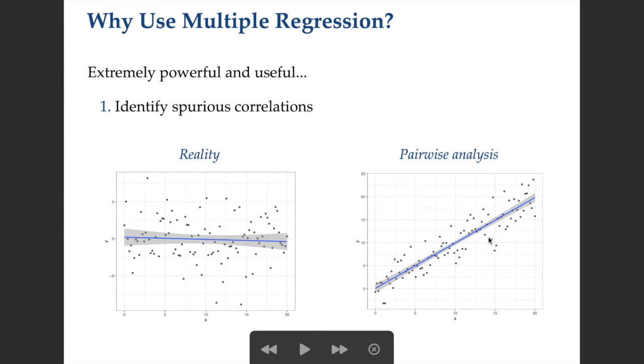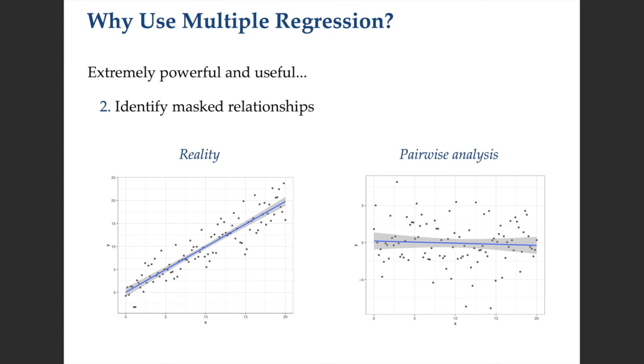If we just did a pairwise analysis or a single regression, we'd erroneously think that there was a relationship between some predictor variable and our predicted variable, when in reality there isn't one. Multiple regression allows us to test for these sorts of issues, to identify spurious correlations so that we don't come to incorrect conclusions about the effect of a predictor variable on a predicted variable.